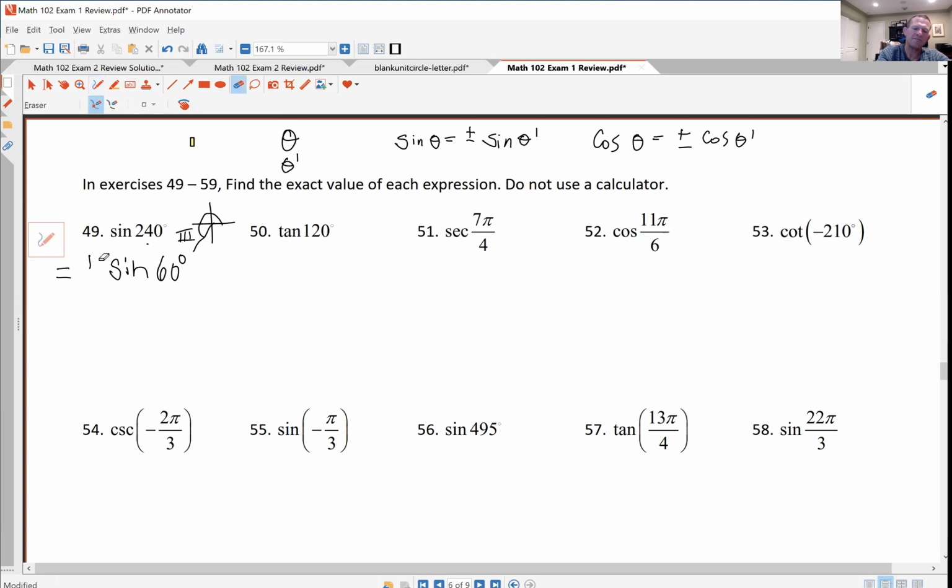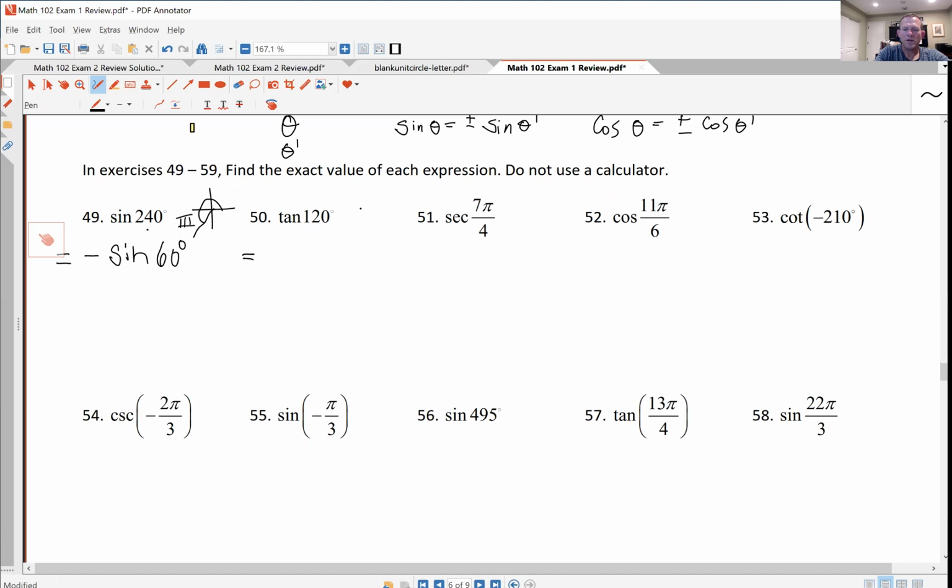So this is a negative. Tangent 120. 120 sits here with a reference angle of 60 degrees. So this is equal to tangent of 60, but plus or minus of that. And we said in quadrant 2, all students, or sine is the only thing positive there. This is going to be negative.